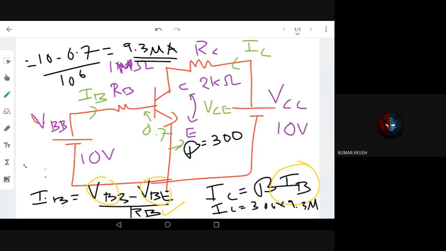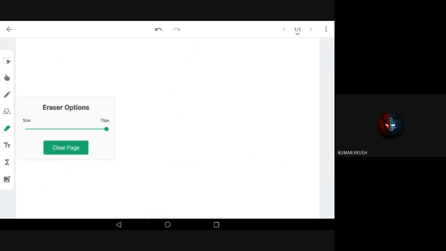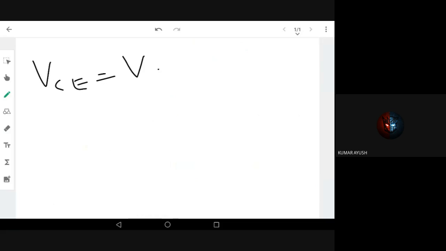We got IC equal to around 3 milliampere. VCC, 10 volt, is already given, so we can easily find the voltage across collector and emitter, VCE. VCE equals VCC minus the voltage drop across the RC resistance, right?